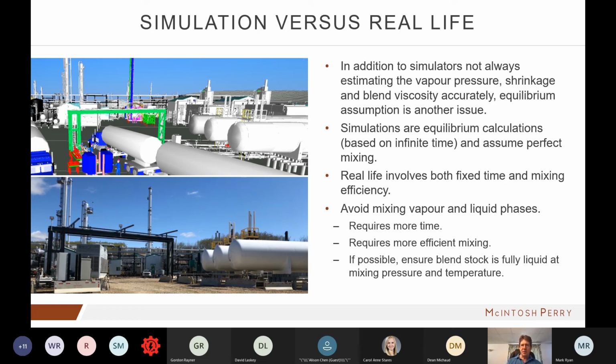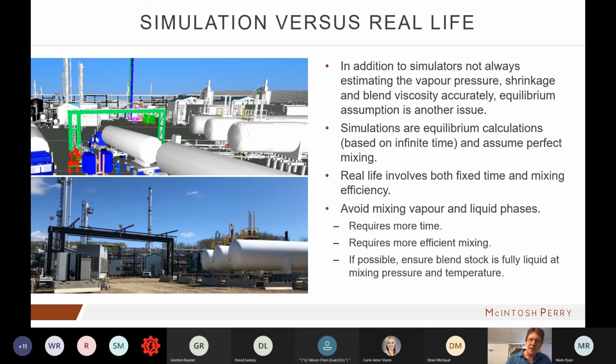For example, simulator will assume that your system comes to equilibrium, and that means you have an infinite time to come to equilibrium, which in real life, of course, we don't have infinite time. They also assume perfect mixing, and in real life, we don't get perfect mixing. So real life then is the opposite. It involves both a fixed time and there's a mixing efficiency. So those are things we have to consider.